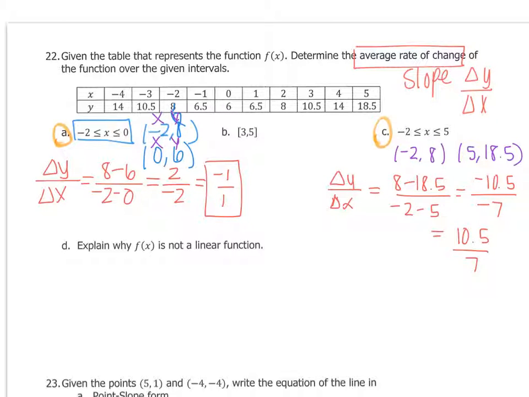The only simplifying that we can do for part C is to get rid of that double negative. So for part A, we have negative 1 over 1, or you could just say negative 1. And for part C, we have 10.5 over 7.